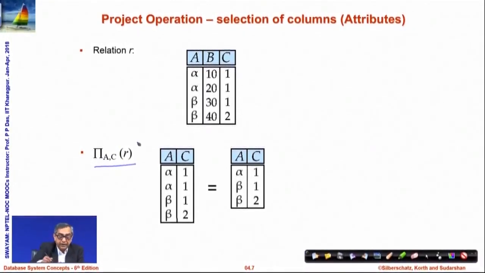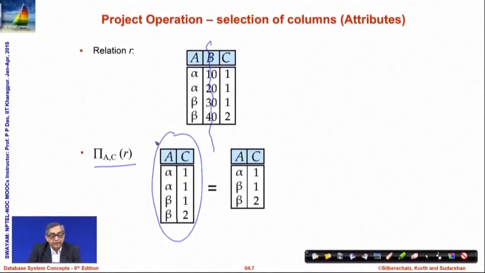The column which is not selected in the projection, you can simply forget about, simply erase it. If you erase that, you get this relation. Once you get that, please recall that a relation is a set, and in a set every element has to be distinct.